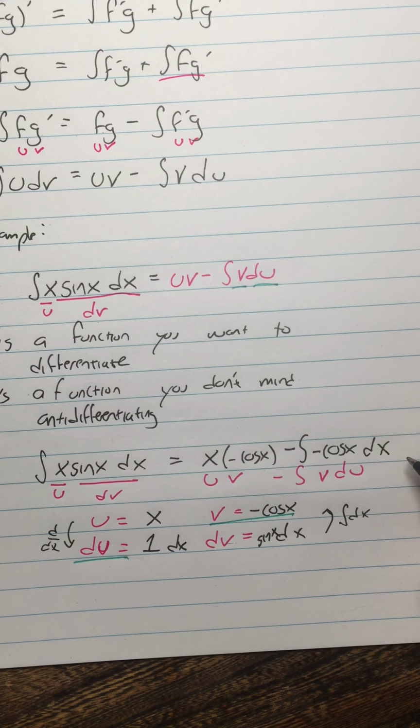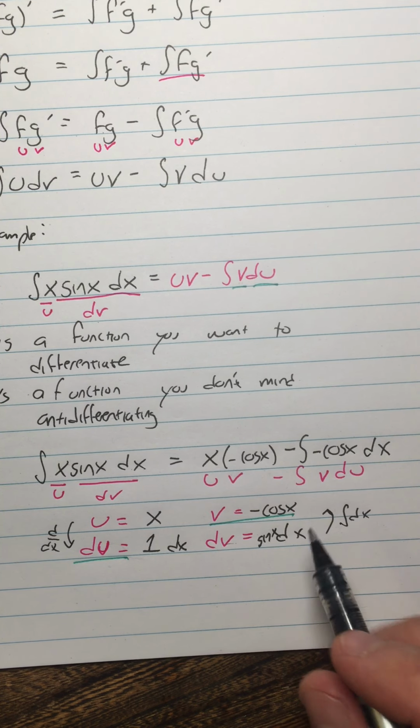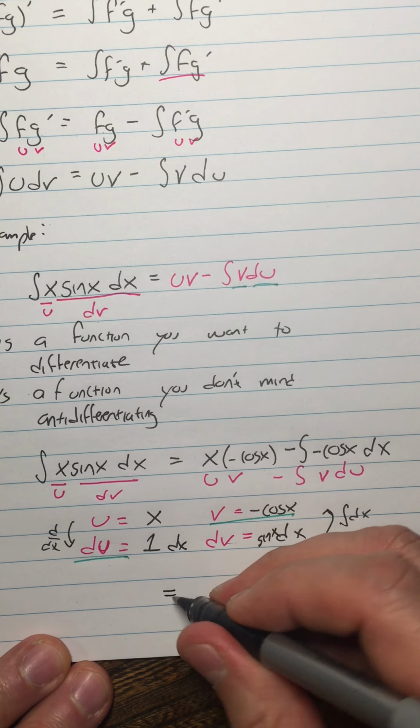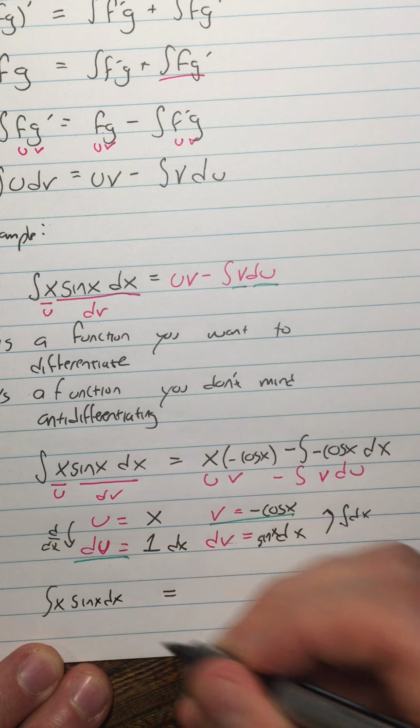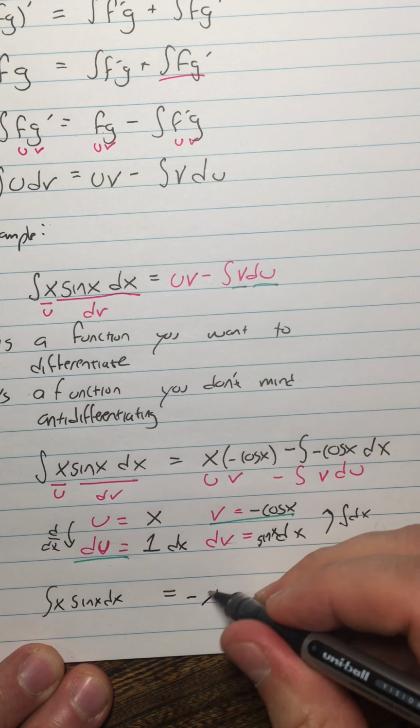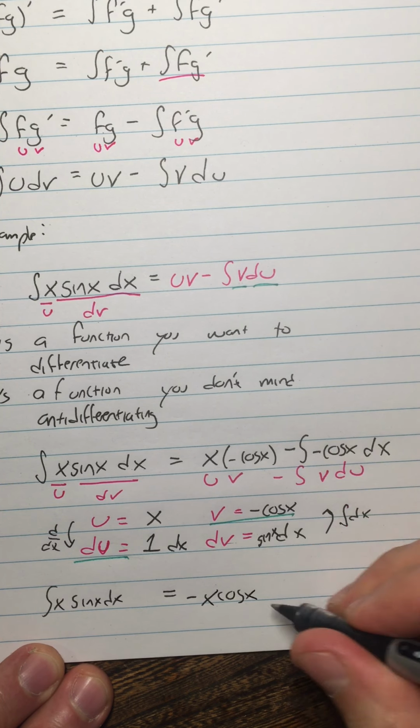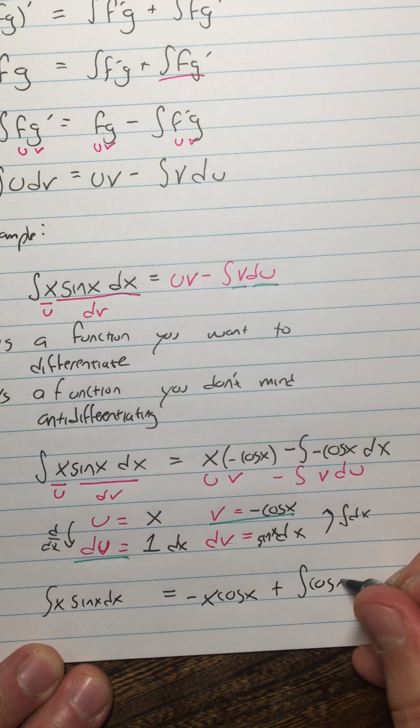All right, so then you can sort of see how this is going to be easier to do. So this integral x sine x dx equals negative x cosine x plus the integral of cosine x dx.